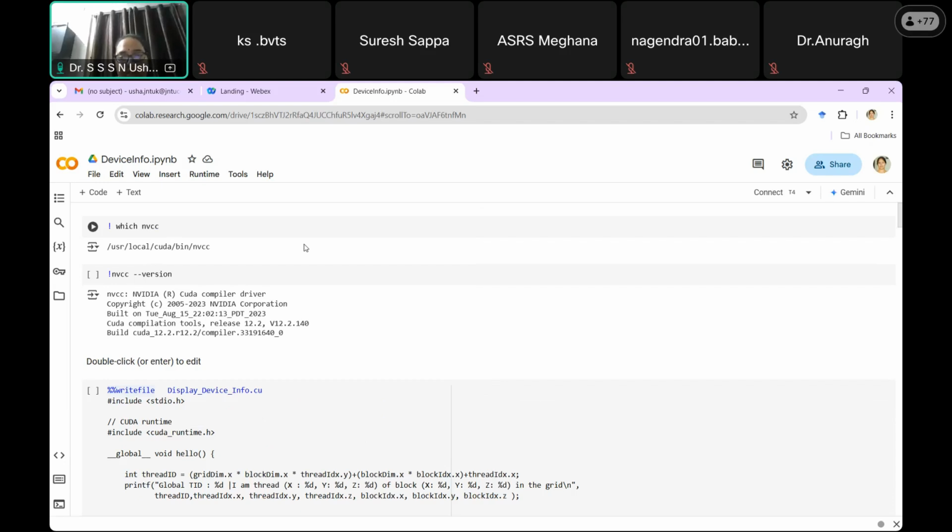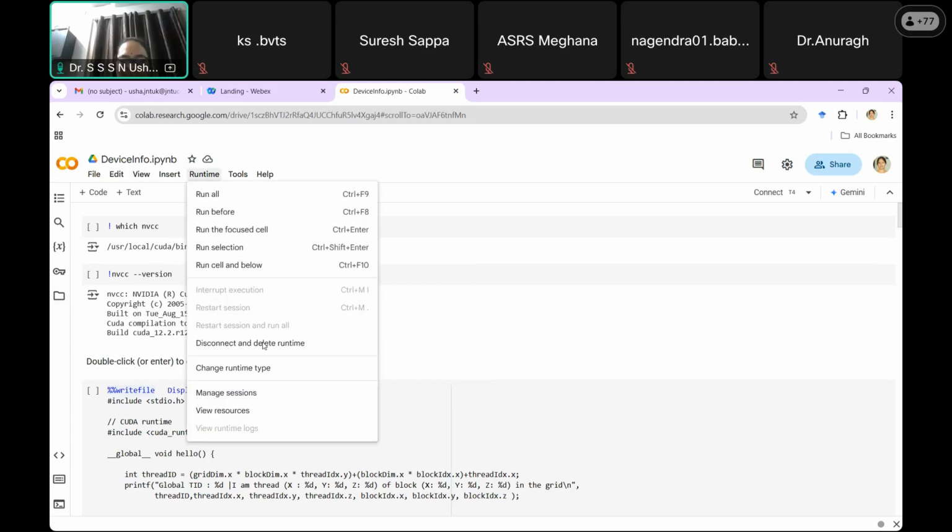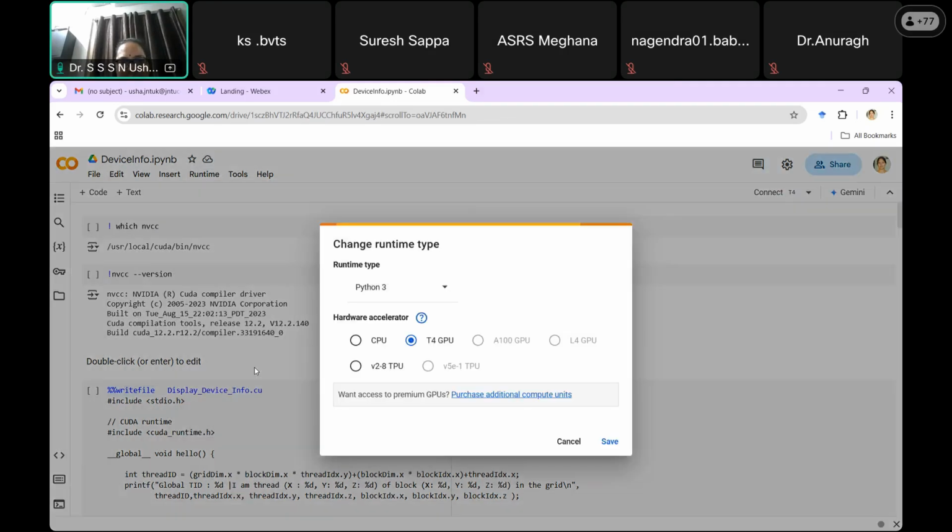But before that, the first point is you need to check the runtime. Here you can observe this, change runtime type. So click on this. I have already opted for the T4 GPU here.